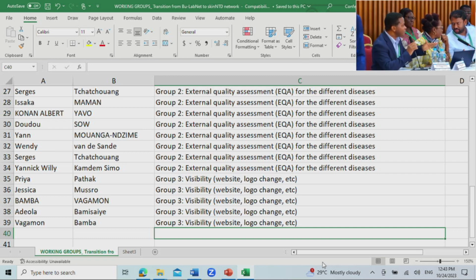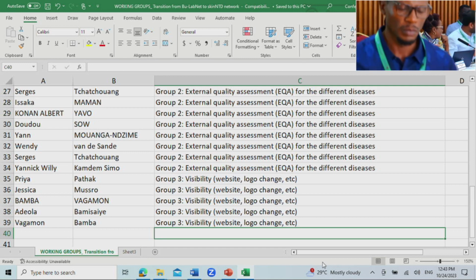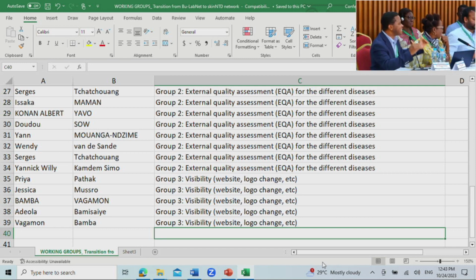So just to emphasize again before we leave the room, each group has to designate a chair or a lead. Once you go into the group, the first thing, look around at the faces and designate a chair or a lead who will help to articulate everything after. Maybe you can have a secretary, somebody who writes the points down, because after we'll debrief and do our presentation.